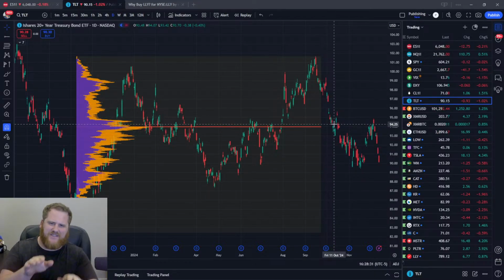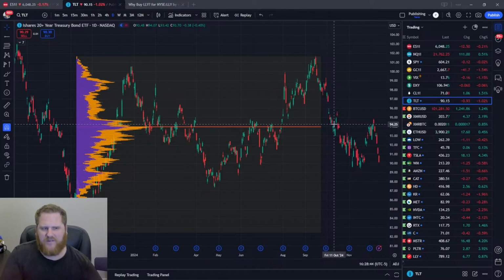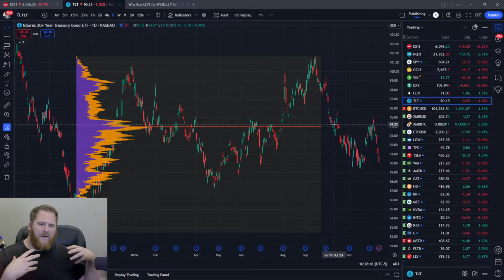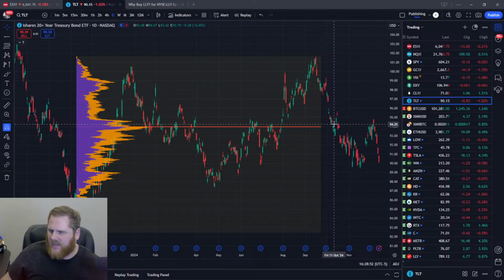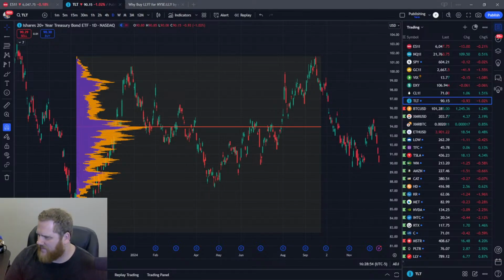See, it has a lot of gaps in there because it's an ETF of treasury bonds, and they trade 24 hours. So doing volume profile on ETFs is not nearly as effective, I've found, as doing it on more liquid instruments like futures, crypto, or stocks themselves.